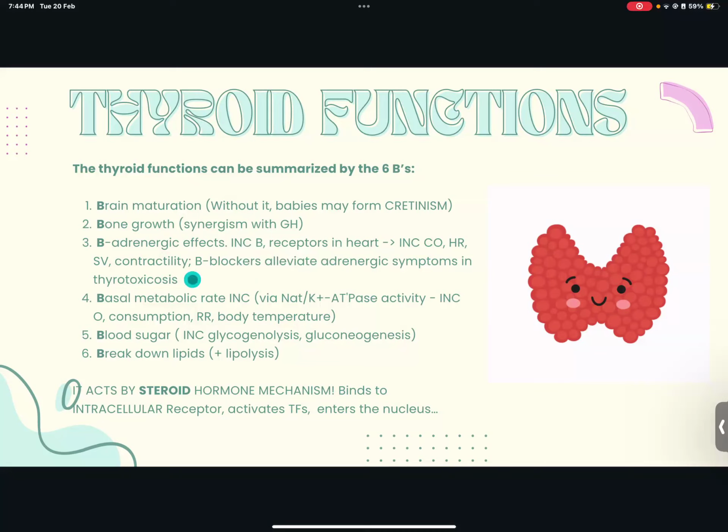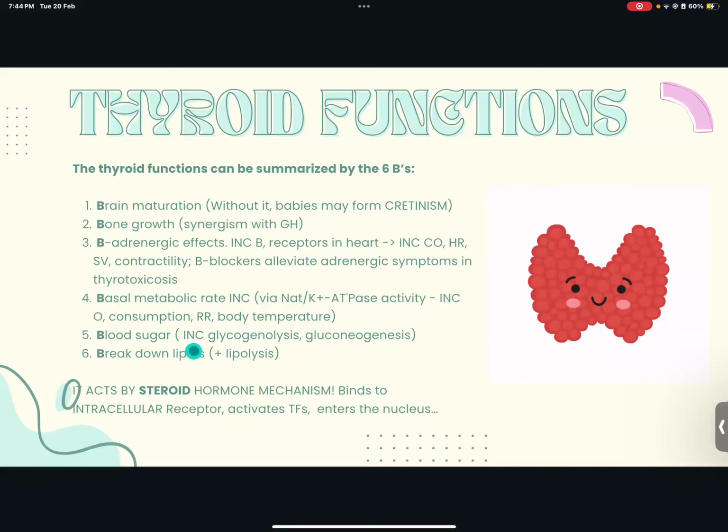But thyrotoxicosis simply means that you have increased levels of thyroid hormone to a level that's toxic to the patient. Also, one of the thyroid functions is the basal metabolic rate, or the BMR. It's going to increase because sodium potassium ATPase activity is also going to increase. It's also going to increase oxygen consumption, respiratory rate at rest, and body temperature.